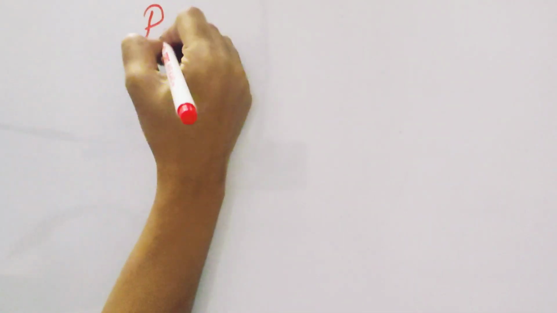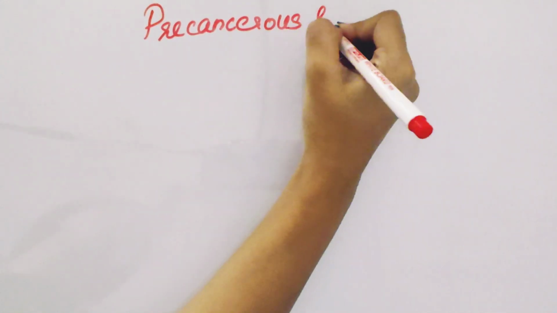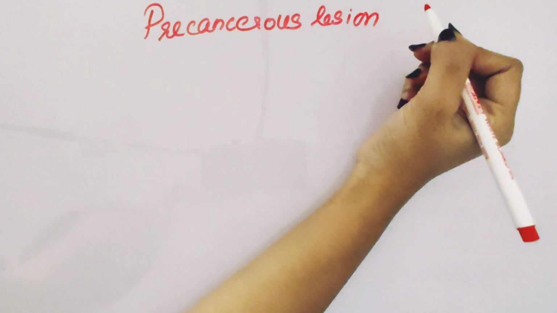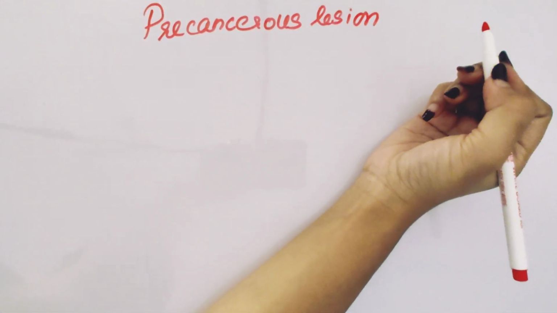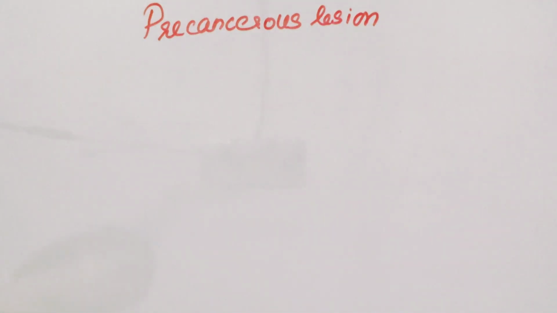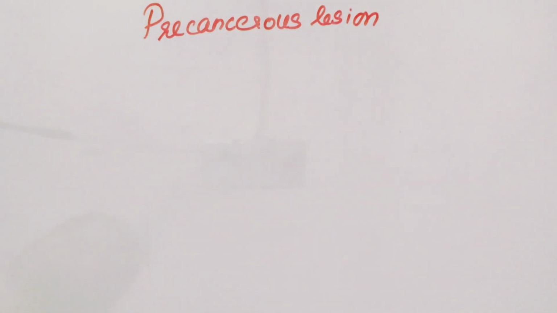So coming to the precancerous lesions, I had said that endocervical adenocarcinoma is divided into HPV associated and HPV independent. So precancerous lesions are also divided into HPV associated and HPV independent.